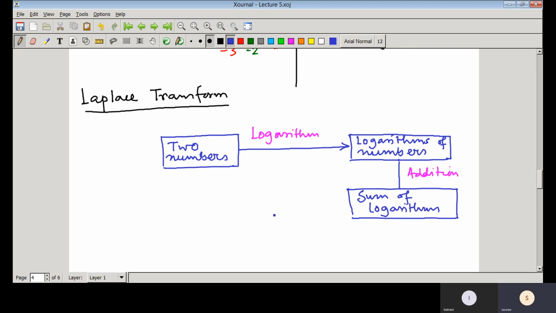Now if you take the anti-logarithm here, then you will get that product.